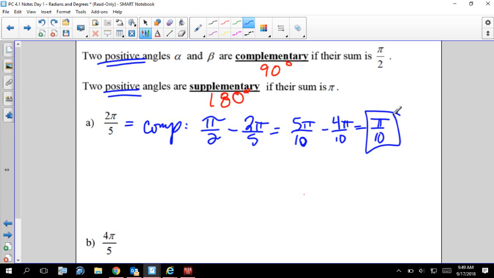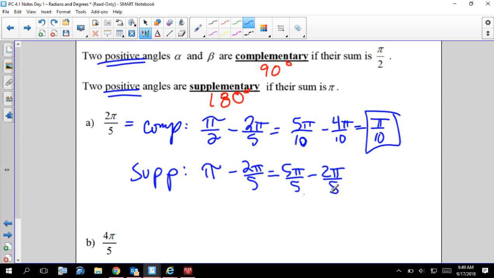Complement. Supplement, you're going to start with your total, should be pi. Subtract off your part, 2 pi over 5. So that's 5 pi over 5 minus 2 pi over 5. Take your sum, subtract off the part that you know, get the part left over.